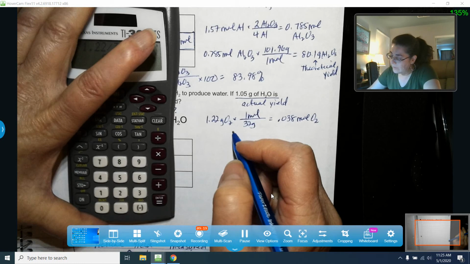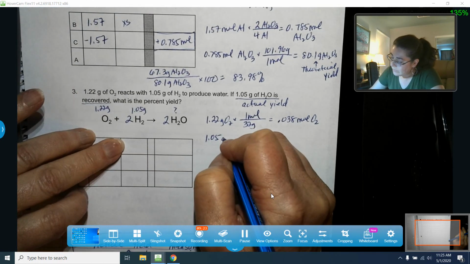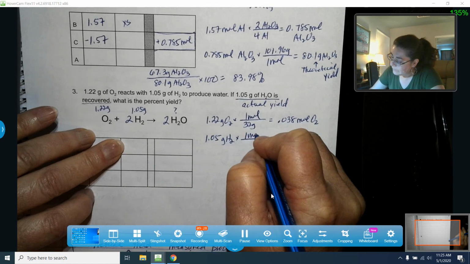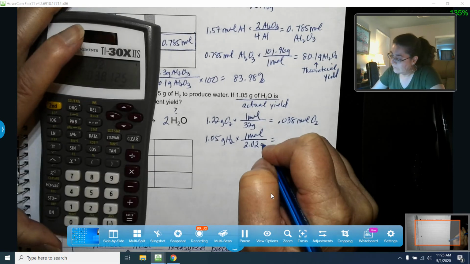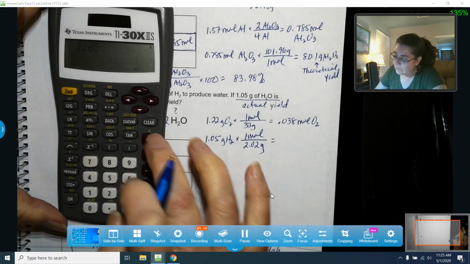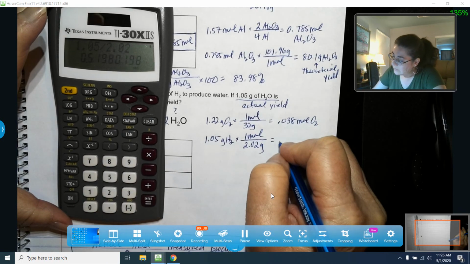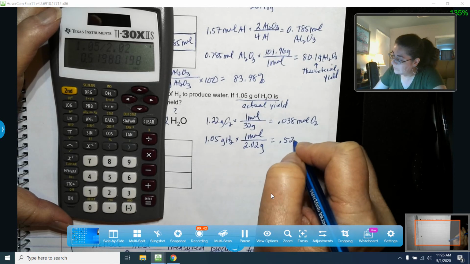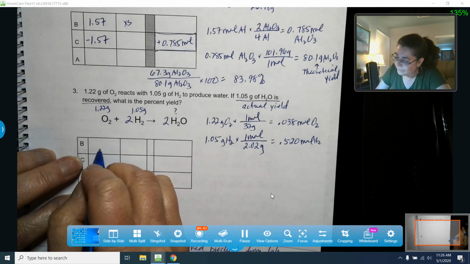Then we're going to take our 1.05 grams of H2 divided by 2.02, and I get 0.5198, so I'll put 0.520 moles of H2.